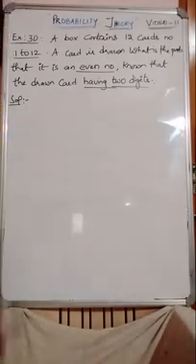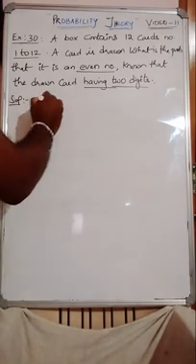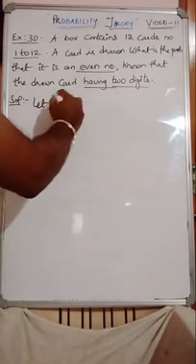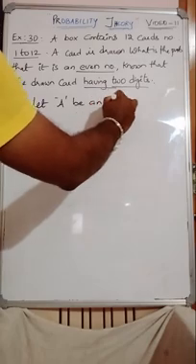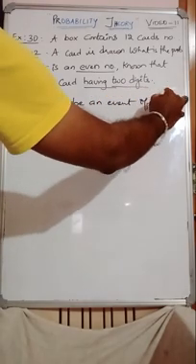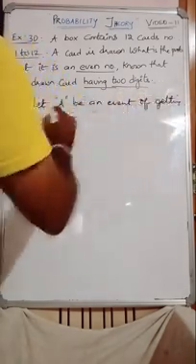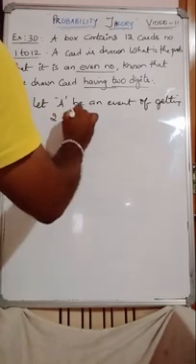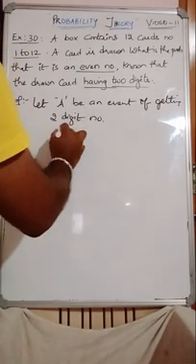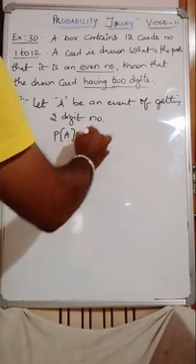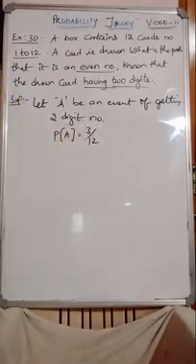How this answer can be written. First, let A be an event of getting a 2-digit number. Therefore, probability of A, the 2-digit numbers, how many? 3 by 12.